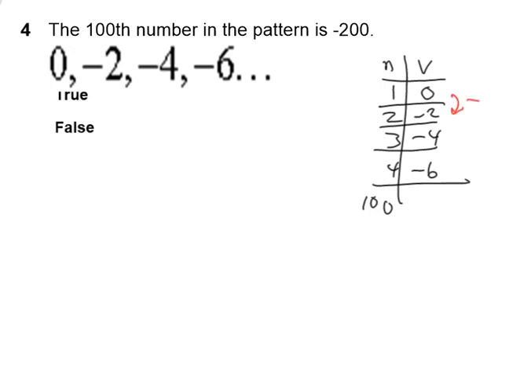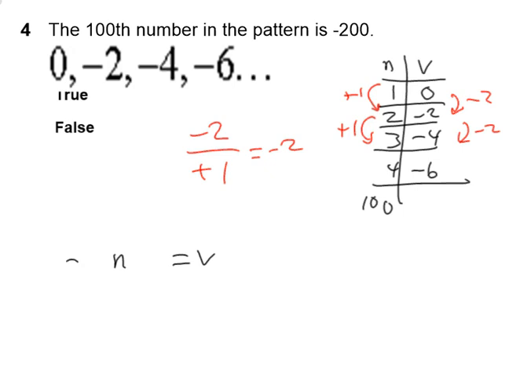So we go here, and we see we're dropping by 2 each time, and we're going up by 1 each time. So the difference in the y, divided by the difference in the x, or the difference in the n, equals -2. So in the equation that shows the relationship between the number and the value, the coefficient is -2.